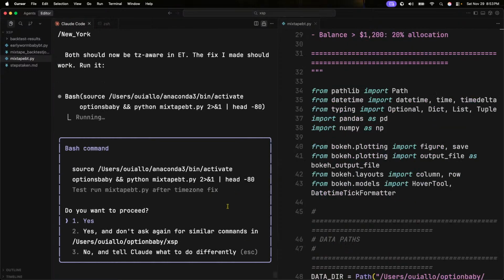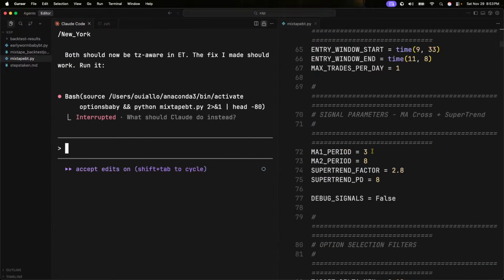All right. Nope. I still want to keep the moving average 3 and 5. Let's try this. Let's try moving average. Okay, update MA1. No, let's keep MA2. Update, yeah, MA2 to 12.